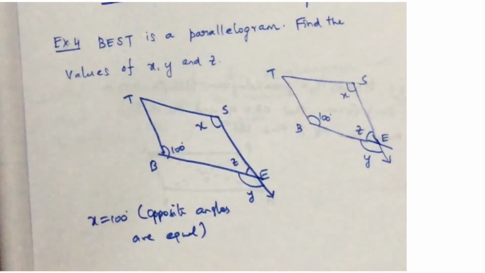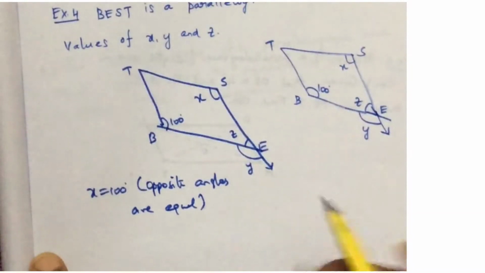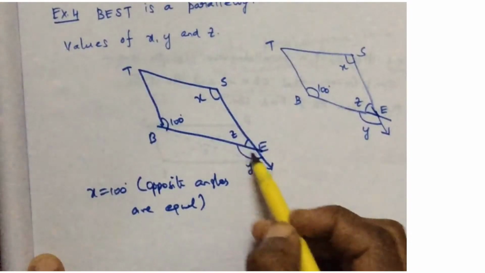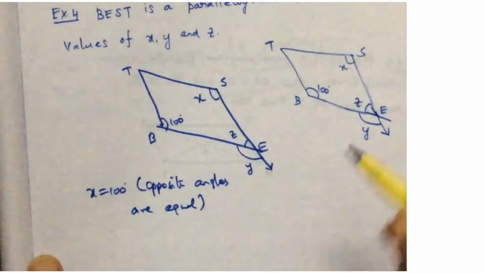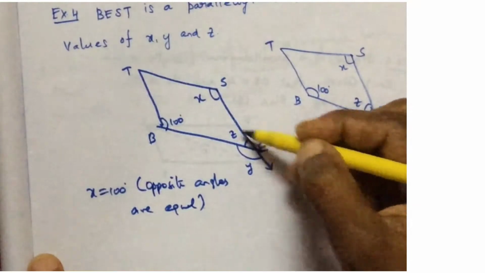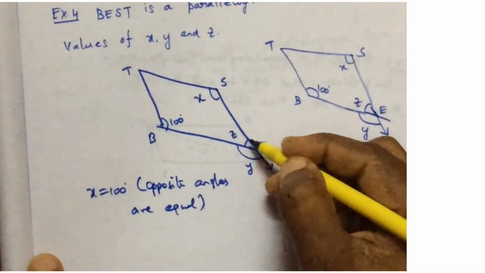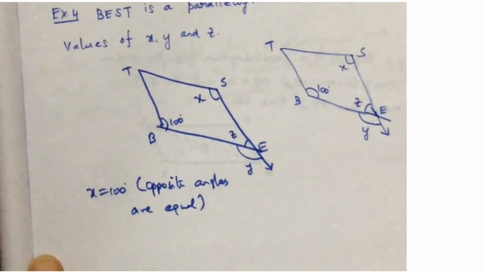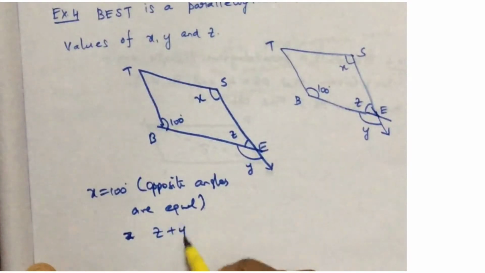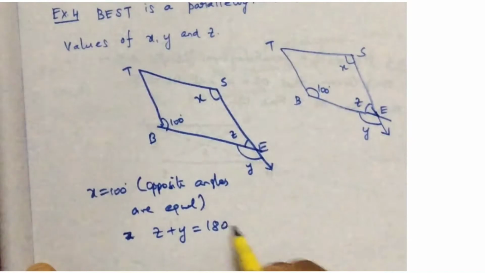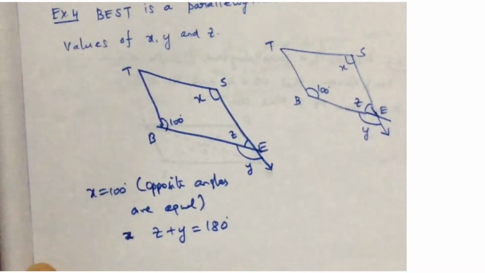Next, you can see from here, y plus z together gives 180 degrees, because this is a straight line. This is y and this is z. One thing I know, z plus y should together give 180 degrees.